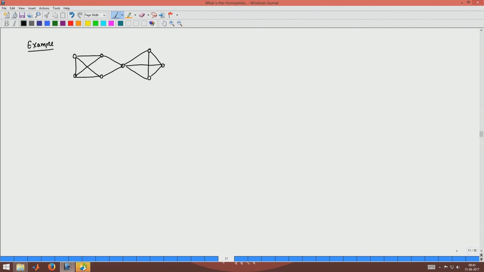You can see that if you remove this vertex from the graph, it will become disconnected. So, this graph G is obviously not two connected.